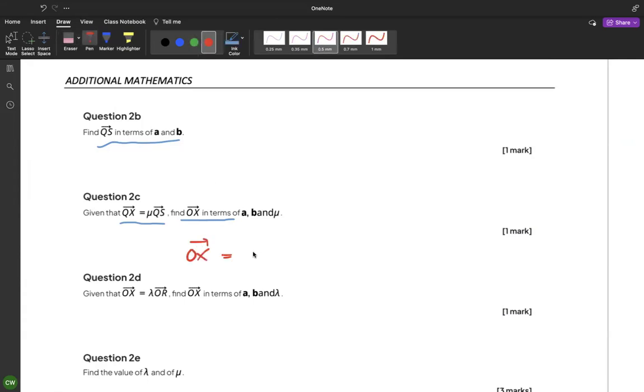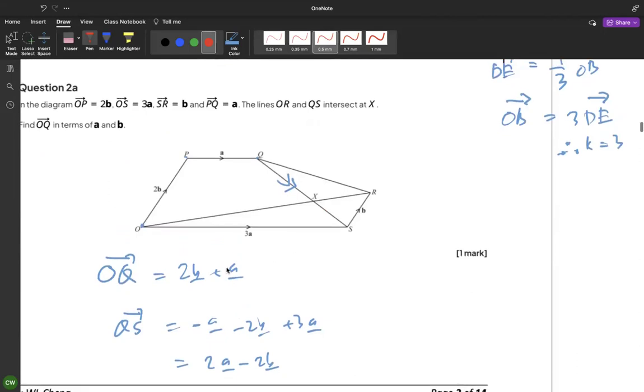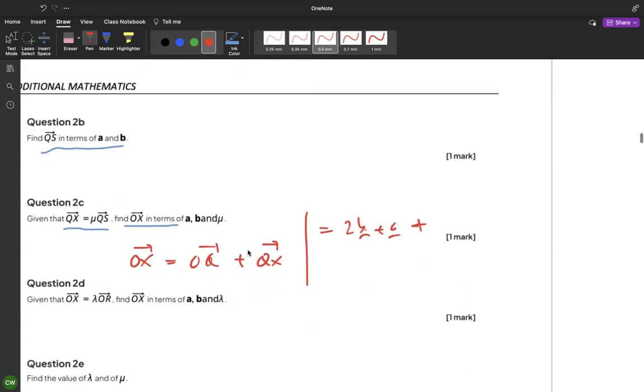OS, is it equal to OQ plus QS or not? And do you have the coordinate for OQ or not? You have one. 2B plus A, 2B plus A. And we also have the equation for QS, mu QS.